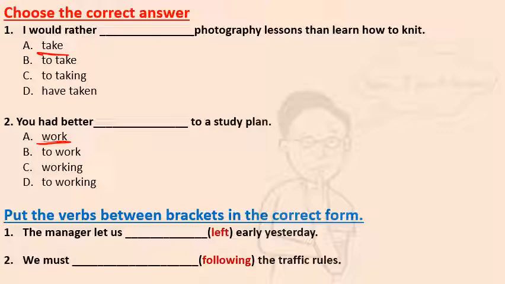The manager let us leave, not left, because let is followed by bare infinitive. We must follow. Yes, the main verb is follow, because must is a modal, and all modals, as we said before, are followed by bare infinitive. Good job.